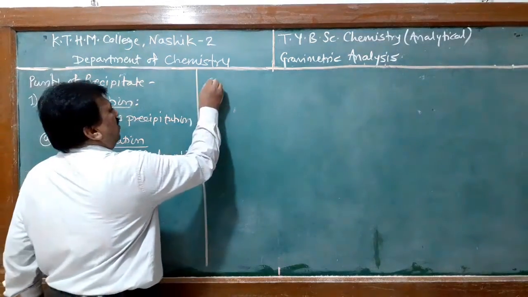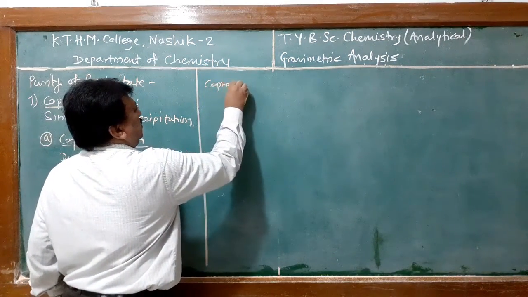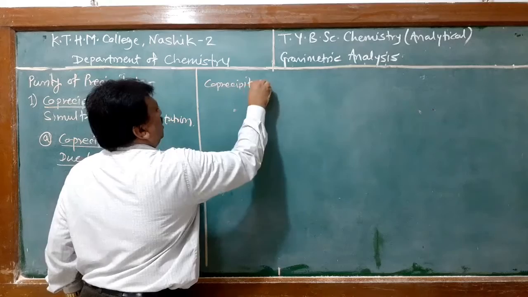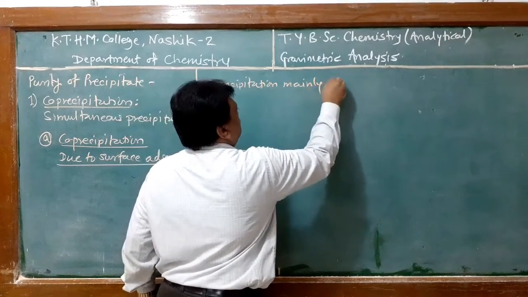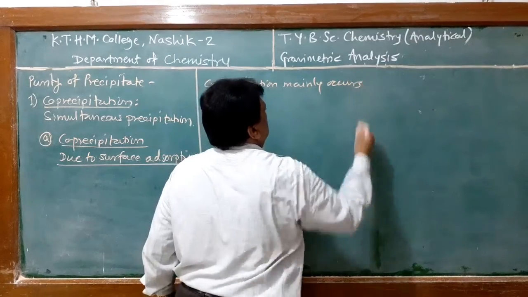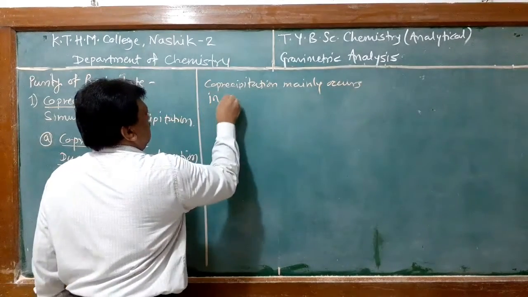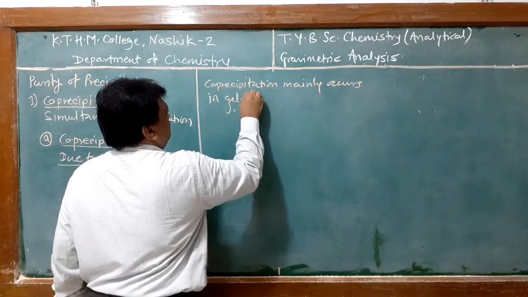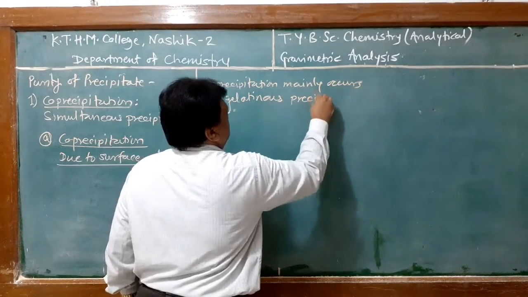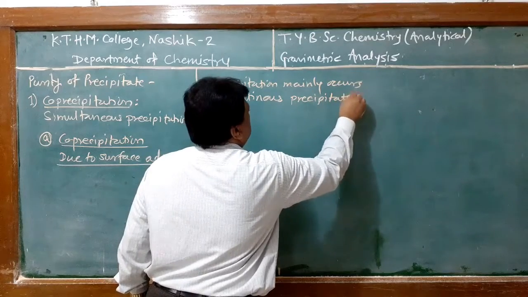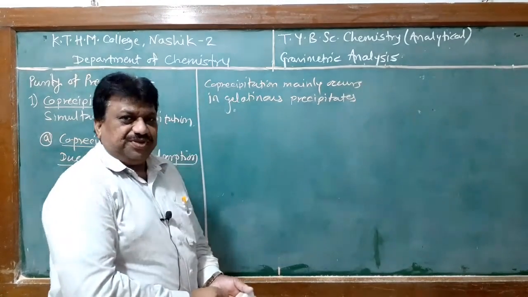This type of co-precipitation mainly occurs in gelatinous precipitate. That means these precipitates have strong adsorption property.